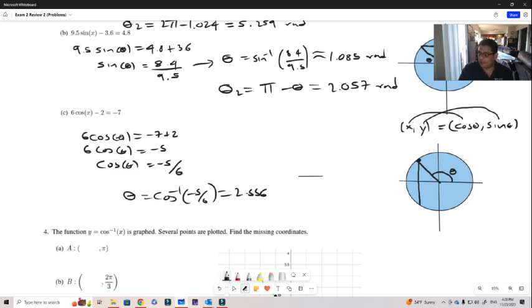It would be good if I can get the reference angle. And to get the reference angle, so this is angle number 1, and then the angle number 2 is this one here. So one thing that I can do is get this value here, alpha, which is the reference angle, right?